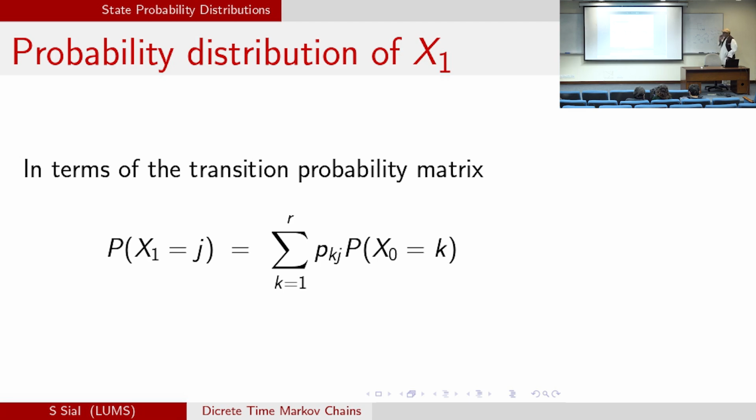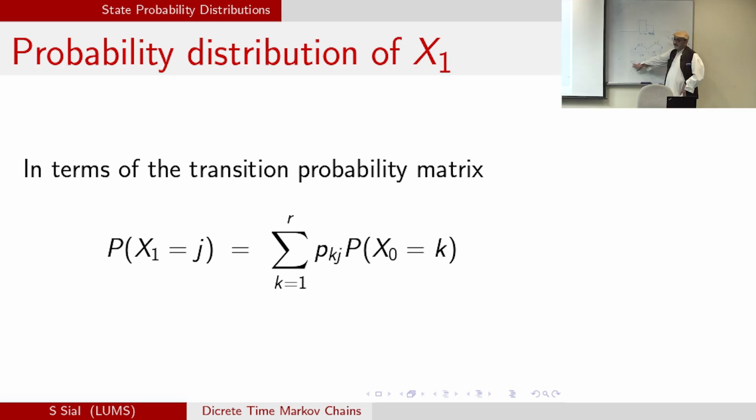Yes, if you plug in there, the probability of x1 being 2 is 1 times 0.3. This is in your matrix P, and this is from your pi of 0, the probability distribution for the initial state.